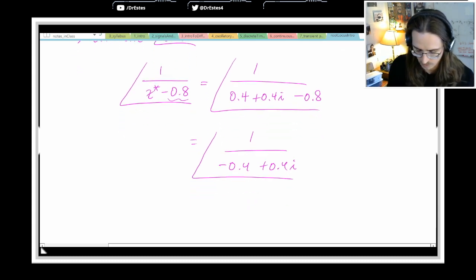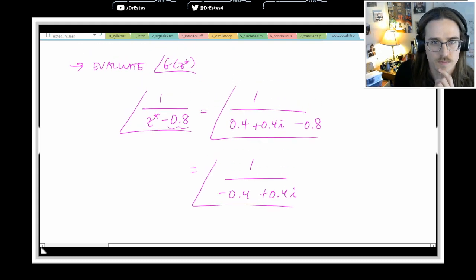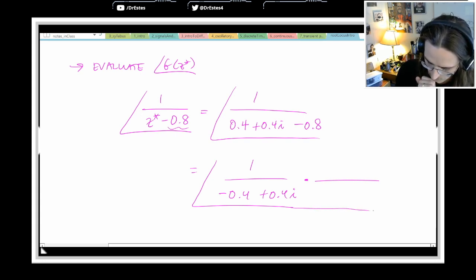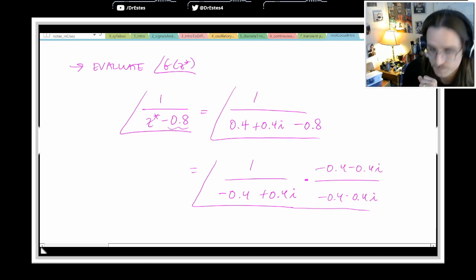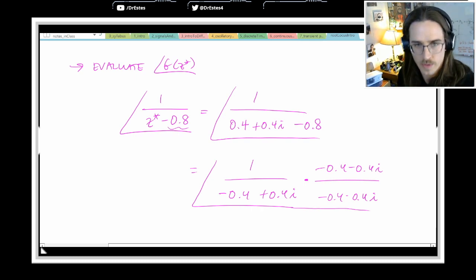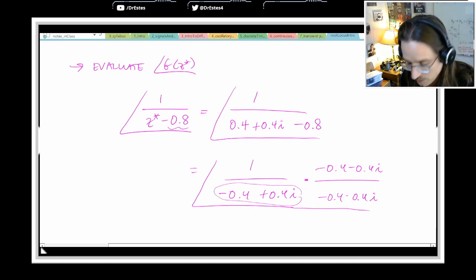Okay, and then to make this a little bit easier, I'm going to multiply this by the conjugate. The only reason I'm multiplying by this is we have a complex number in the denominator.